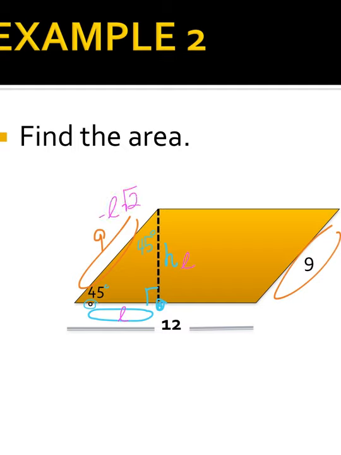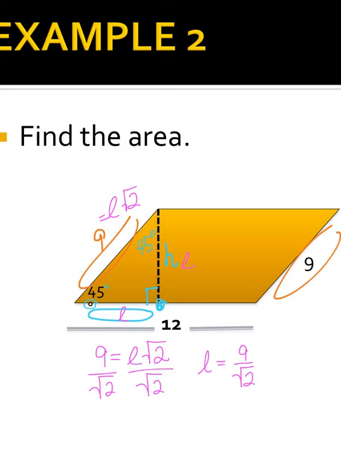So I could equate those two: 9, the hypotenuse, is equal to whatever the leg is, and we need the leg, that's the height, times the square root of 2. Divide both sides by square root of 2, and what we end up with is that the leg is 9 divided by the square root of 2.